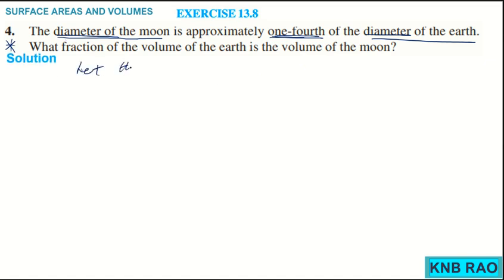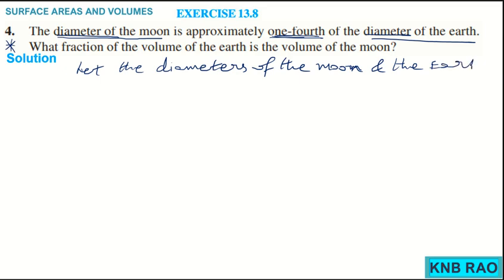Now in the solution of this, with the same assumptions we will go. Let the diameter of the moon and the earth be small d and capital D. These are the assumptions.